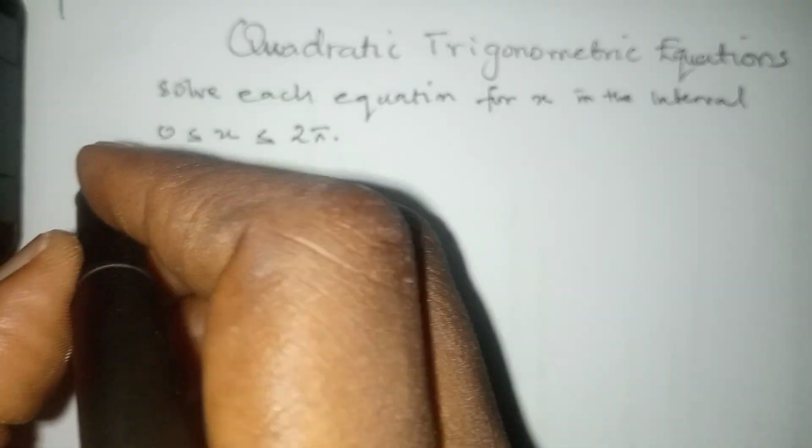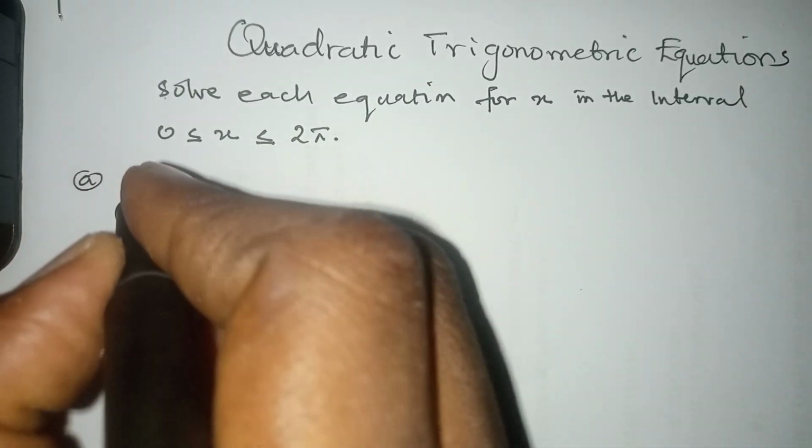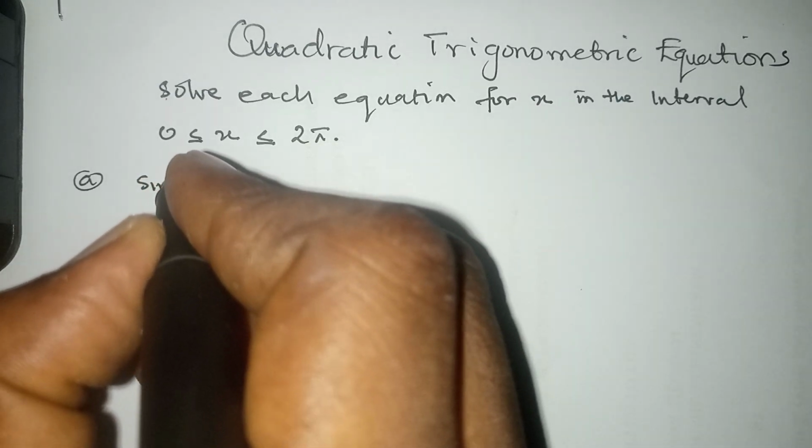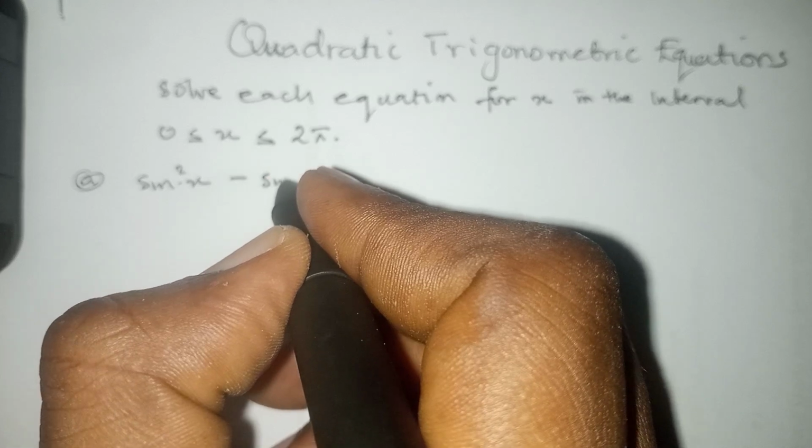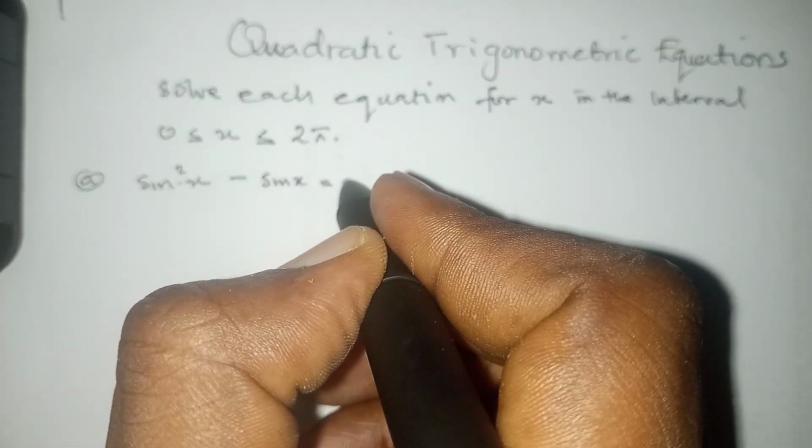All right, now this is the first one: sine square x minus sine x equals 2.